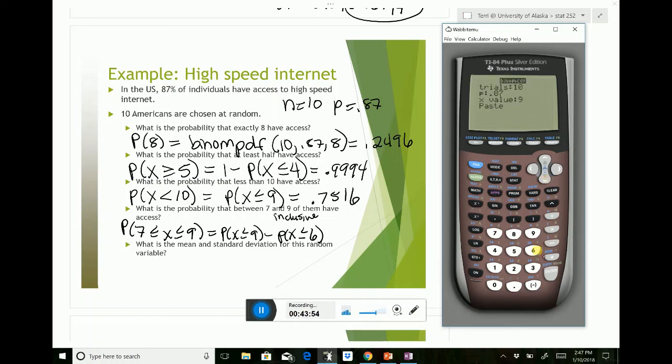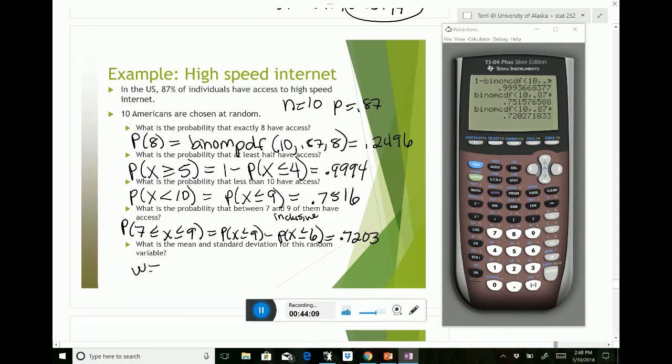Now let's change that to 6, paste, now we have them both, and this is going to be equal to 0.7203.